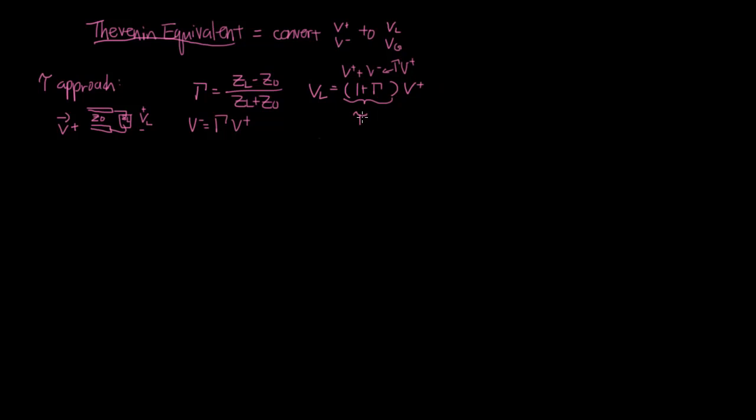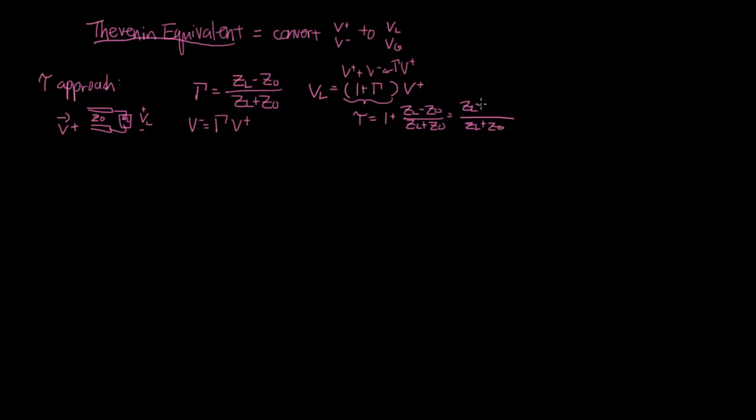So if we take a closer look at that, let's write that out in terms of impedances. 1 plus gamma is going to be equal to 1 plus new minus old over new plus old. And let's whip out our algebra skills and put this all into single fractions.